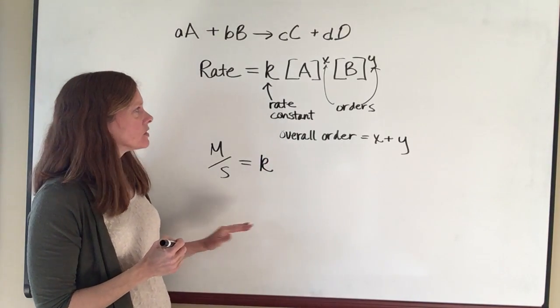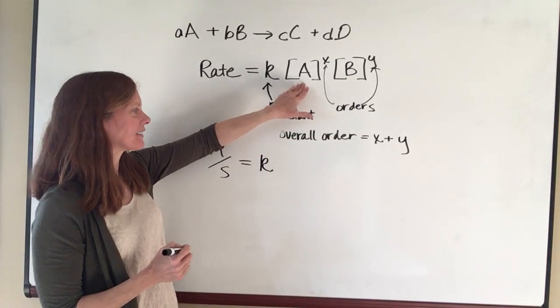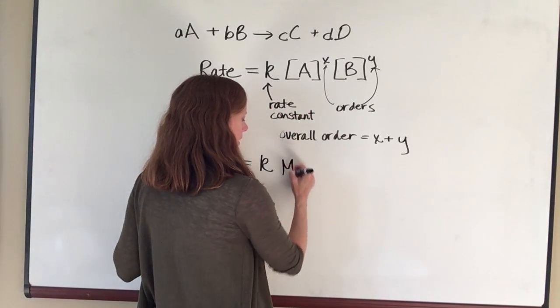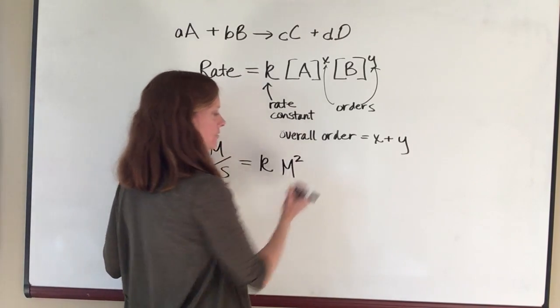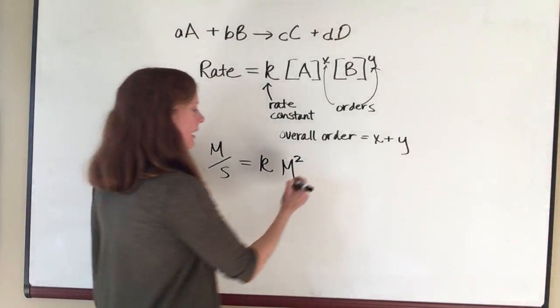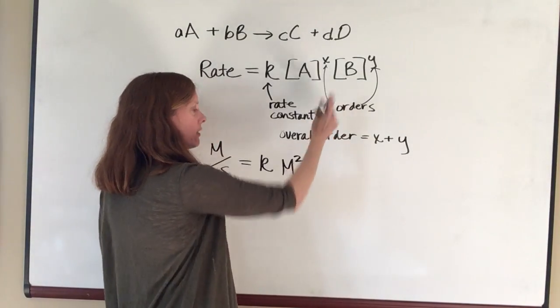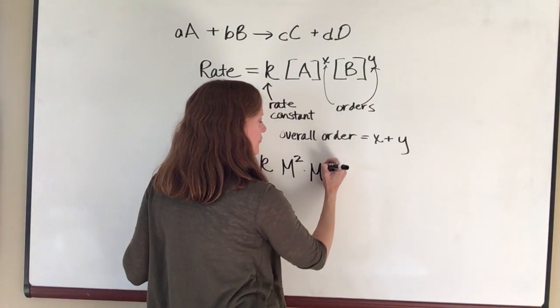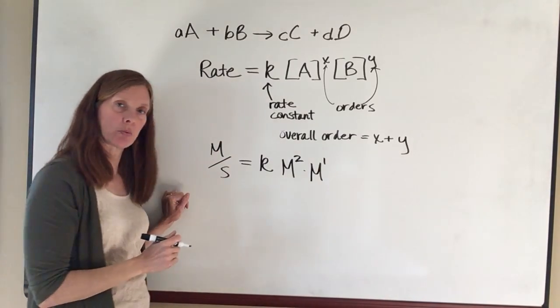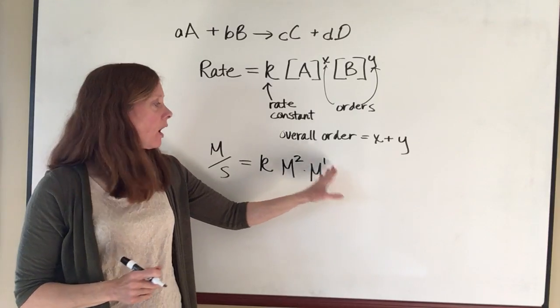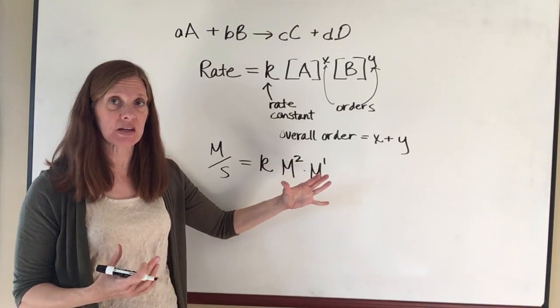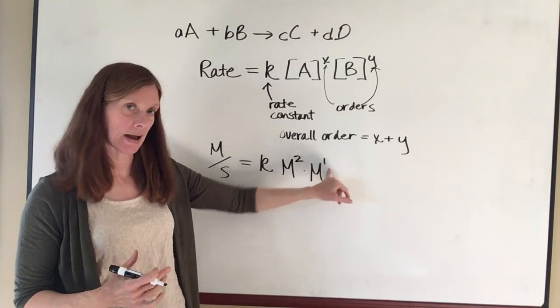So let's say that reactant A is second order, so that means that one would be squared. And let's also say that reactant B is first order, so that would be a 1 up there. Now remember, we don't normally have to put that 1 there. I'm putting it there mainly for the sake of example.